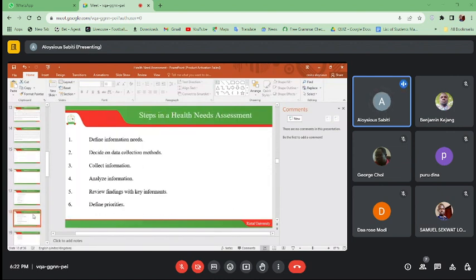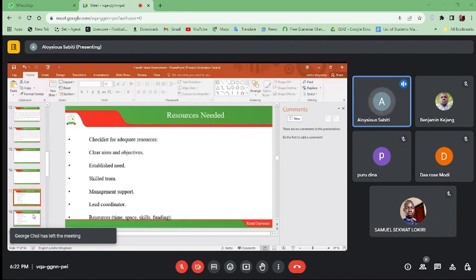So you can be able to see what resources are needed for this needs assessment. So, checklist for adequate resources: clear aims and objectives, established need, skilled team, management support, lead coordinator. All these are resources that you need.